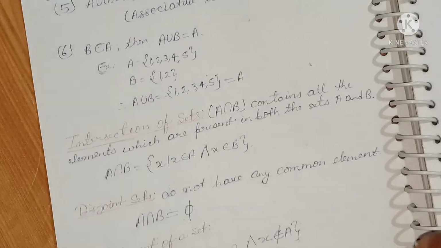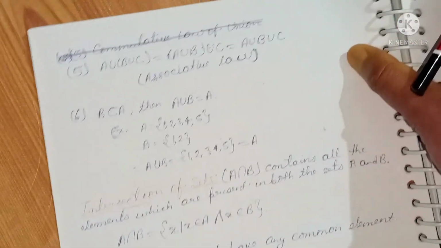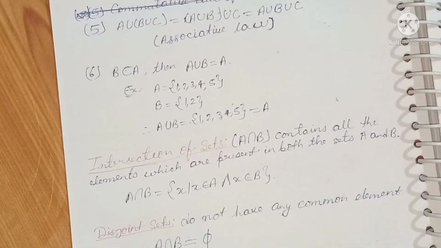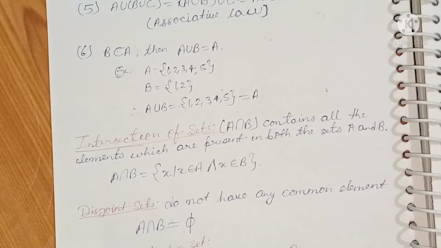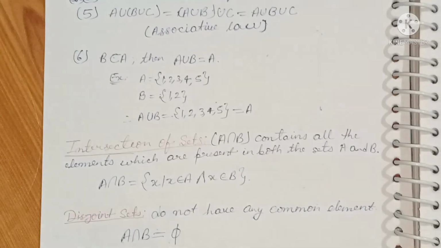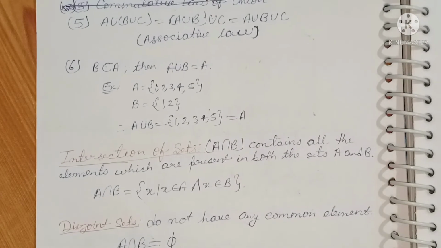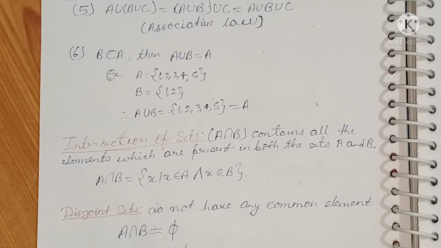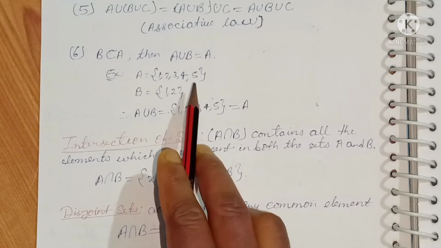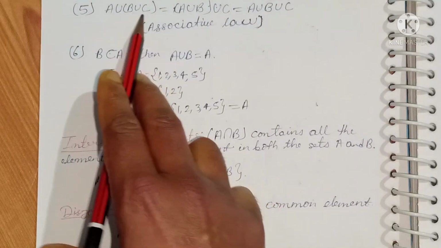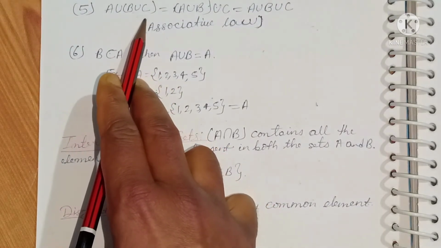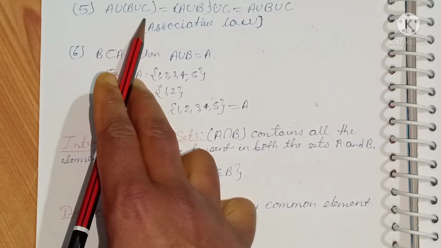Then the next thing here, so now you can see, this is the associative law. It means in A union (B union C), first we do the bracket, so B union C first.